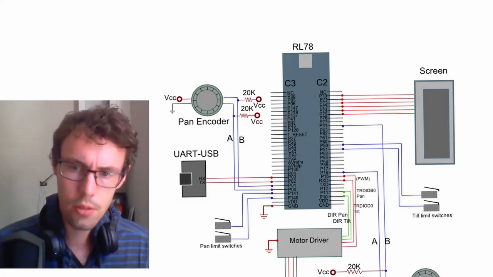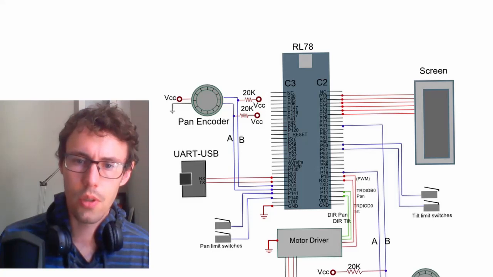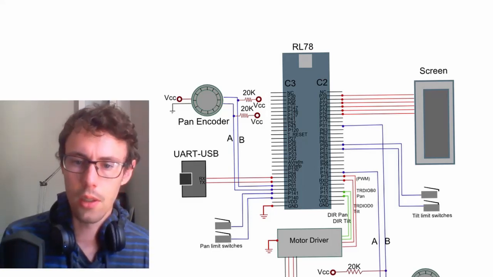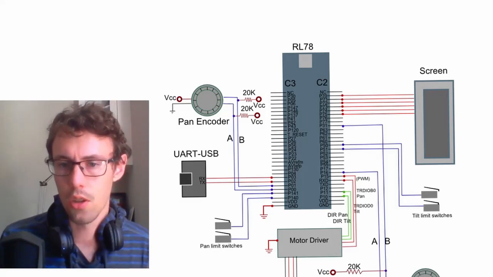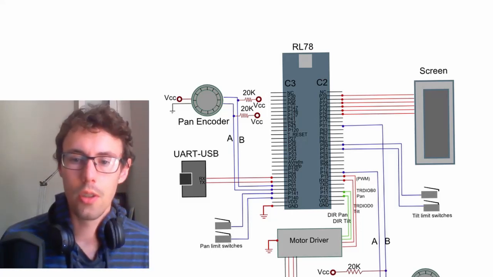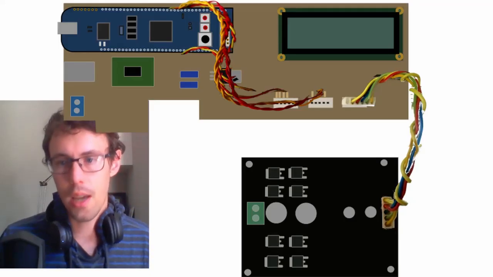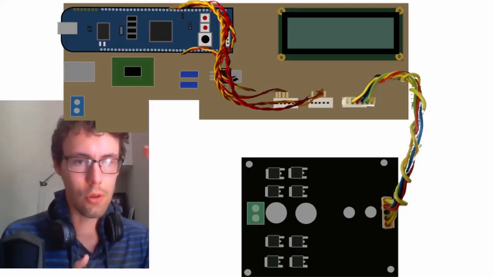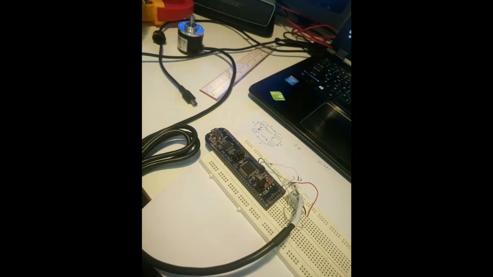So do your pinout of the control system: which pins can handle limit switches, which pins can do USB UART communication, which pins can do PWM output for your motor, and then you can start mapping the pins to your controller code and build up your processor code like that. This is just a pinout diagram of the Sentinel turret.